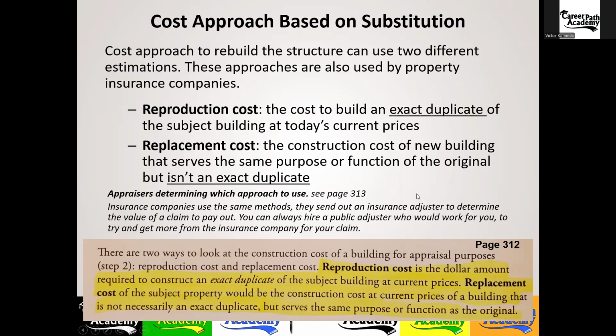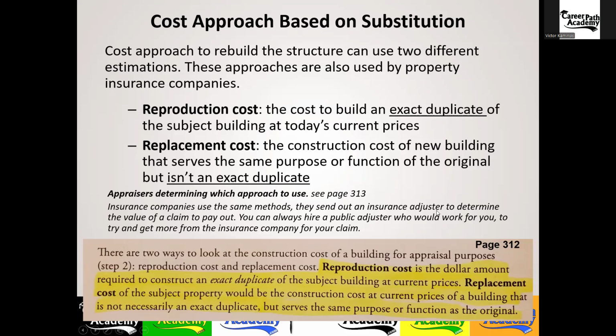When you get insurance, do you have a reproduction or a replacement cost policy? If you have all high-end custom stuff in your house, you may want the reproduction cost. It's a little bit more expensive insurance, but it'll replace everything exactly the way that it is with those high-end appliances and all that. A replacement cost, like if you have a fire in your kitchen, is just going to replace it with something that serves the same purpose, but isn't exactly the same.